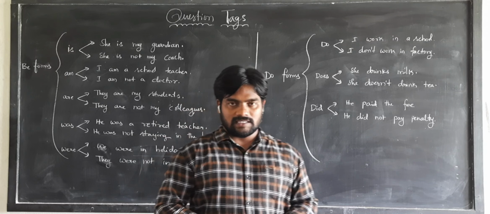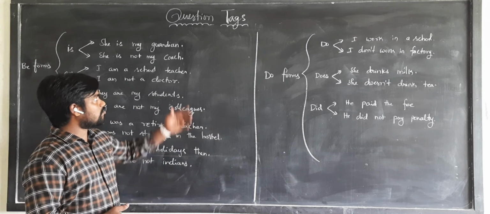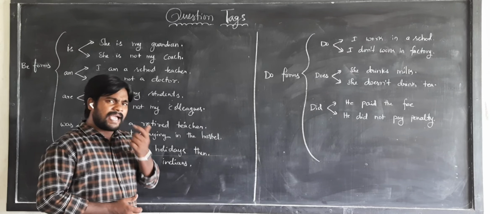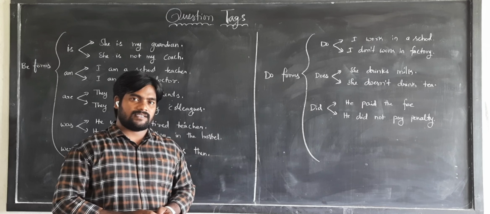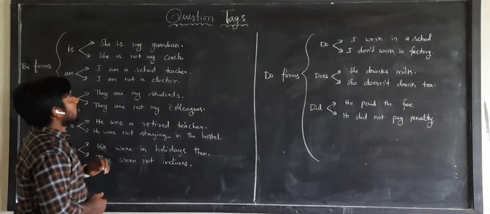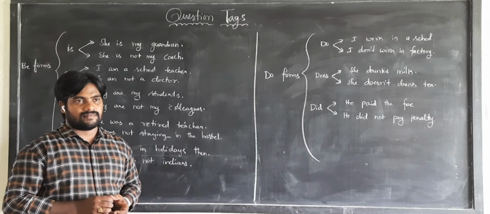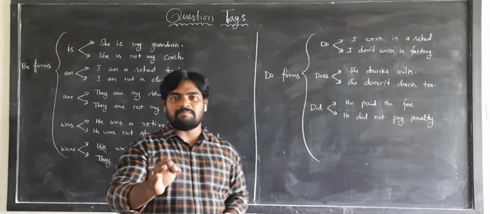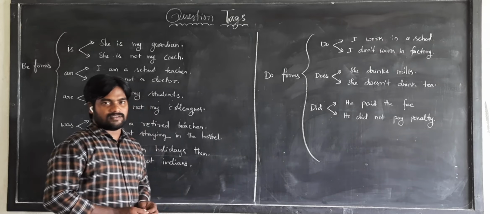And today, in this class, I am going to teach you the tags, question tags. The tag is nothing but what we add at the end of the statement in order to make a question. See, there are some rules to make question tags. I'll make it very simple and very clear for you today with these examples.